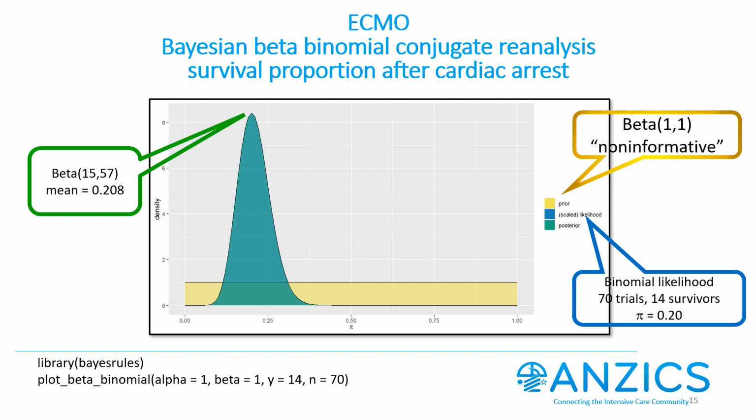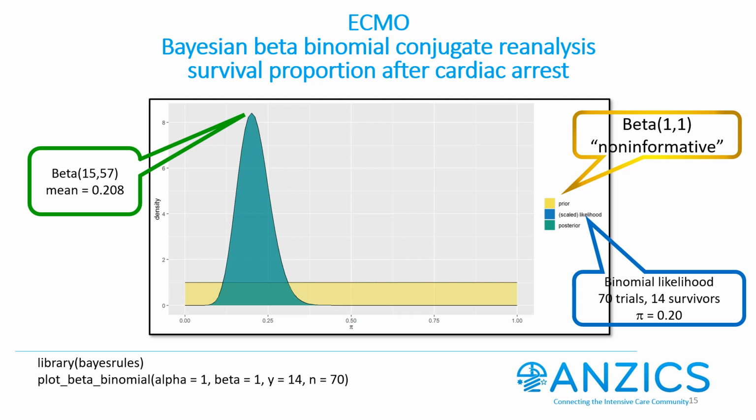Nothing too thrilling there, but did you see, I'll do it again here, watch the green curve jump. We're now in the ECMO group, and this is what we observed. We observed 14 survivors out of 70 people in the intervention arm with ECMO. We've come in again into this simple Bayesian beta binomial model here. We have our non-informative prior, beta 1,1, which is that yellow flat distribution. We have no idea. We then come along and see 14 survivors out of 70.